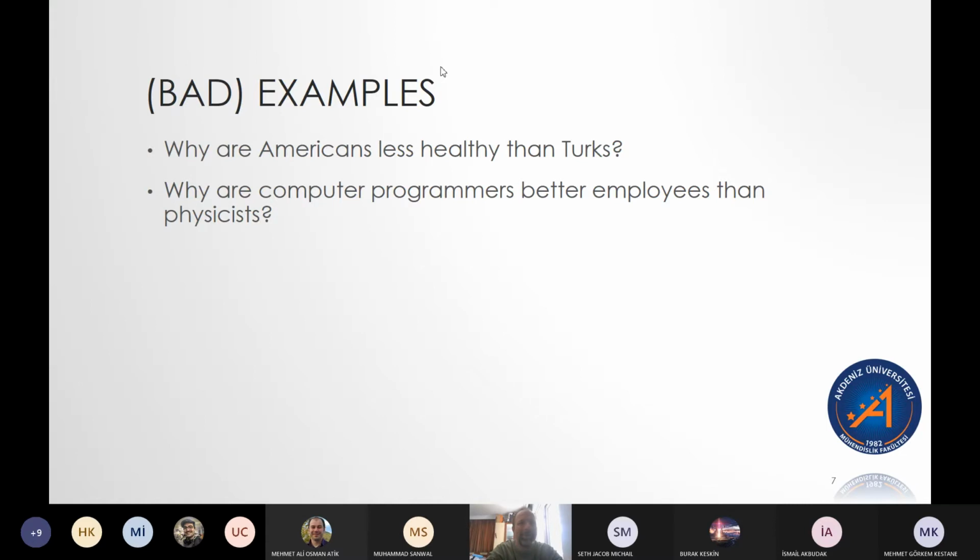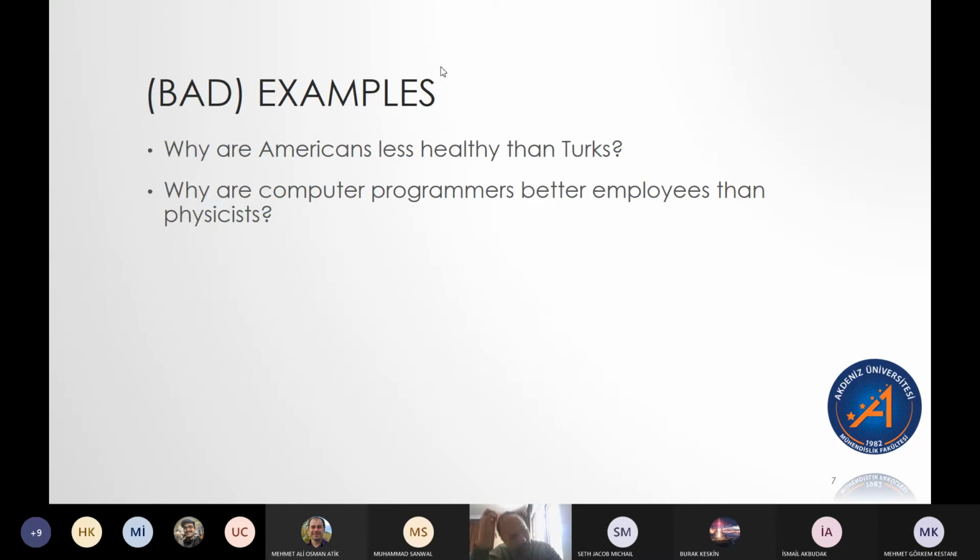Yeah, Seth is like, there's many assumptions. The very first one, we're making an assumption that Americans are less healthy than Turks. So the question is, is that true? Are Americans less healthy than Turks, or are Turks more healthy than Americans?